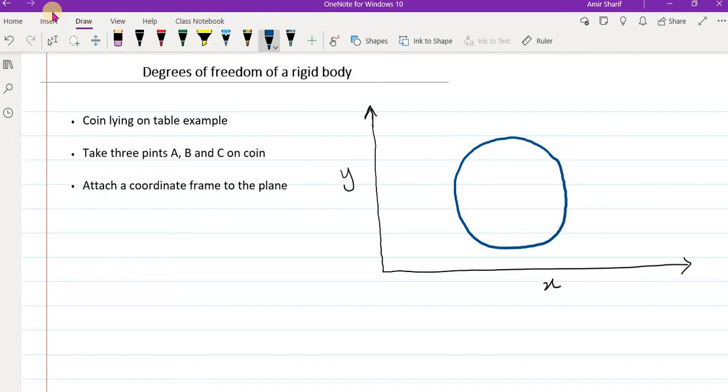So using this example, we shall make a systematic method by which we can find the degrees of freedom of complex objects or objects in complex dimensions. So the next step is take 3 points A, B, C on the coin. So we take these 3 points. Let's say this is point A, this is point B, and here we have point C.